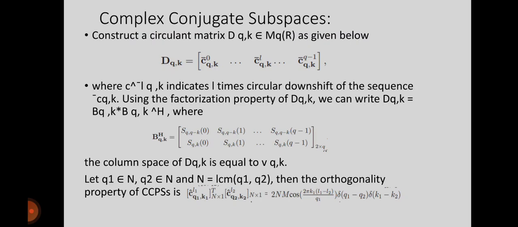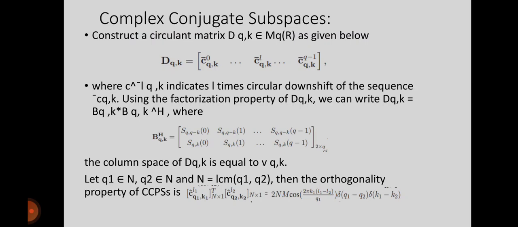The column space of D q k is equal to V q k. Let q1 belong to N and q2 belong to N, where N is equal to the LCM of q1 and q2.